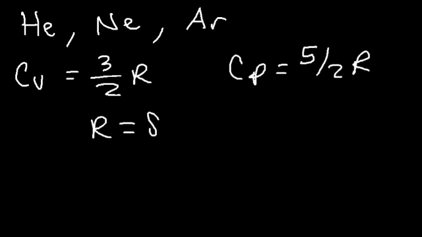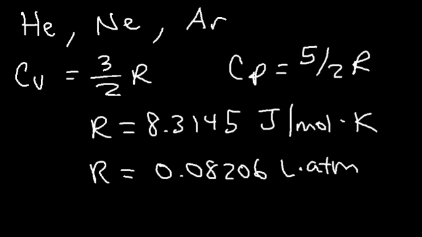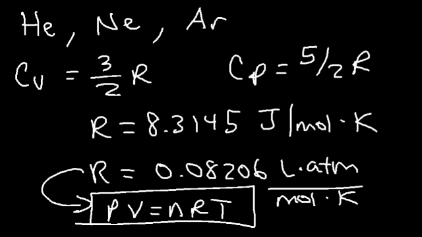For the most part, R is usually 8.3145 joules per mole per Kelvin. But if you're dealing with gases where P is in atm and V is in liters, sometimes you may use this equation. Typically, you may need to use this R value for the ideal gas law equation, PV is equal to nRT.